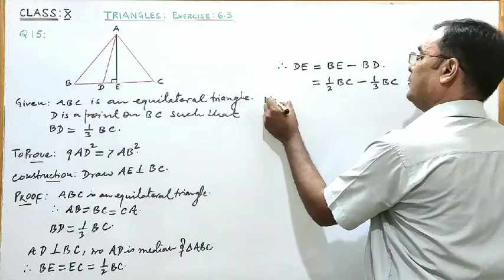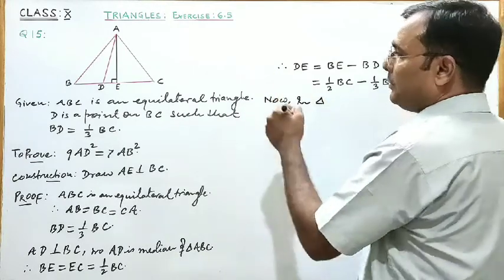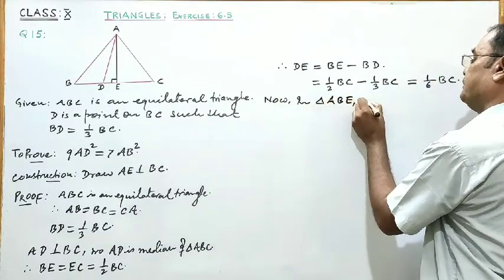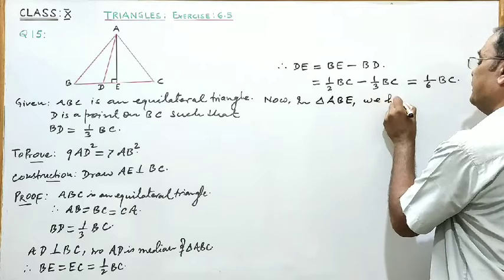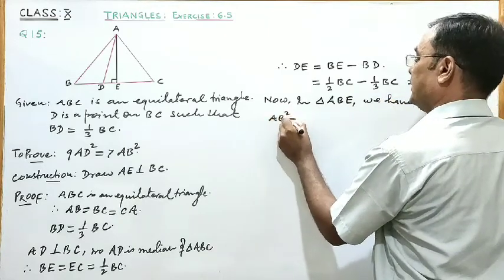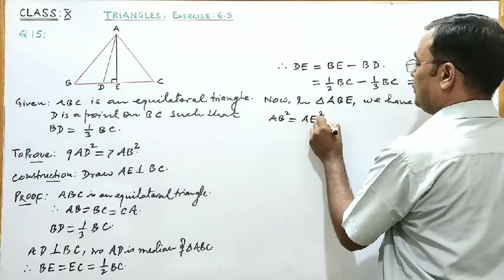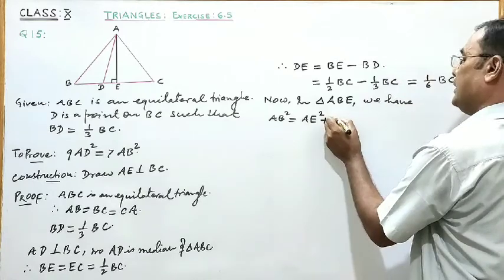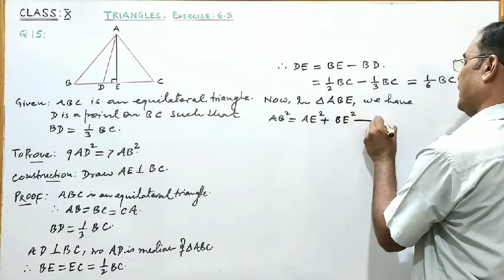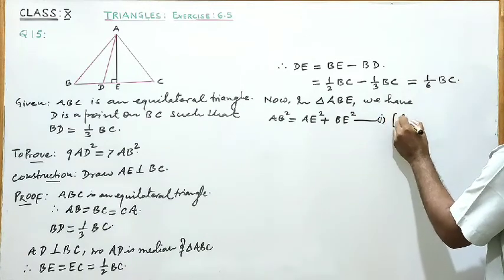Now in triangle ABE, we have AB square is equal to AE square plus BE square. Let it be number 1, from Pythagoras theorem.